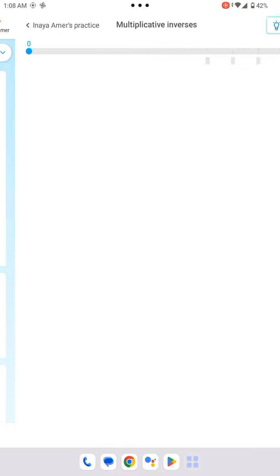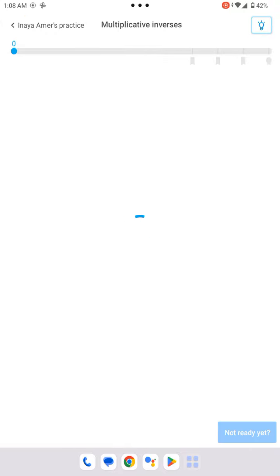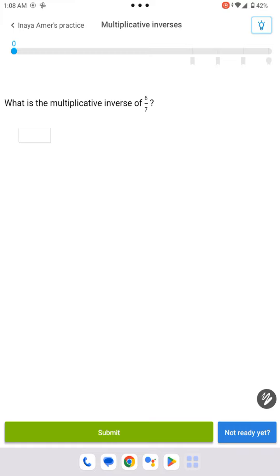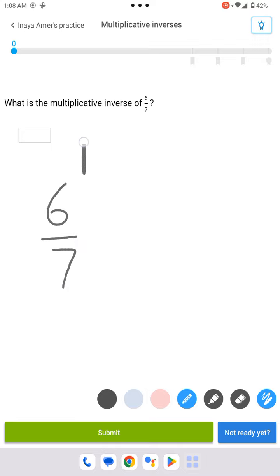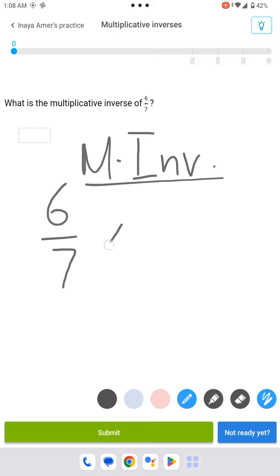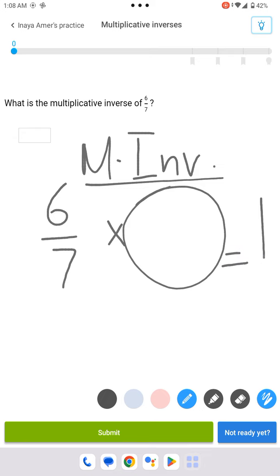So far, multiplicative inverses are there. You can learn what the multiplicative inverse of 6 over 7 is. So flip it upside down. The multiplicative inverse of 6 over 7 is the number with which you multiply to get 1.